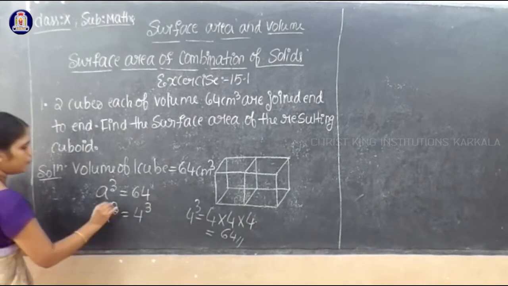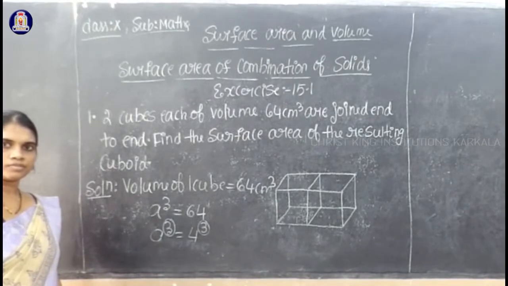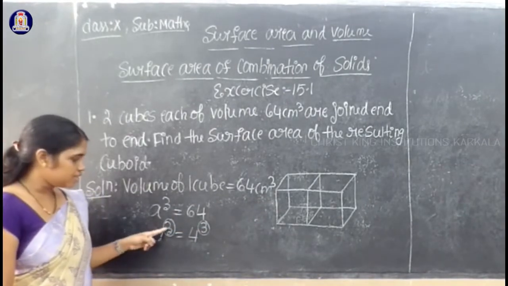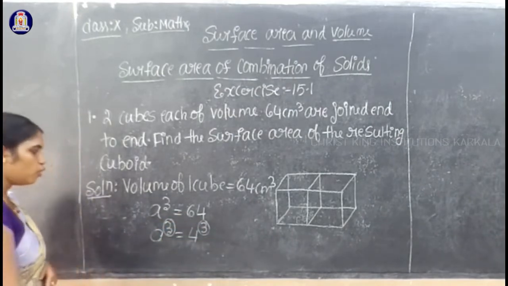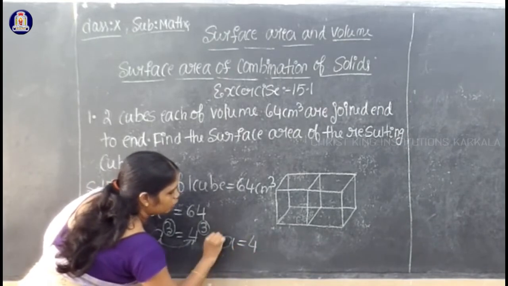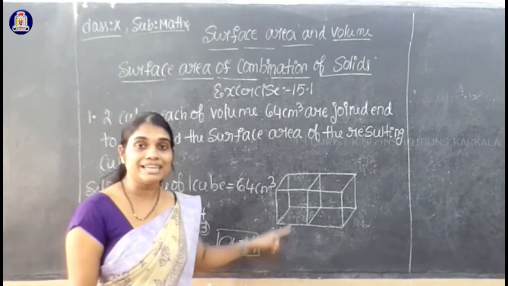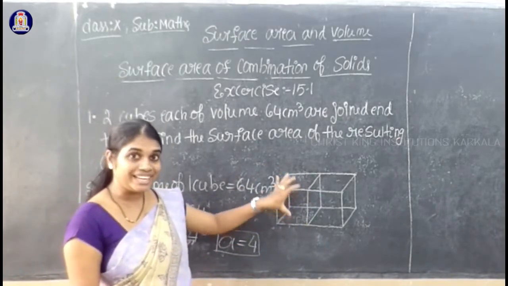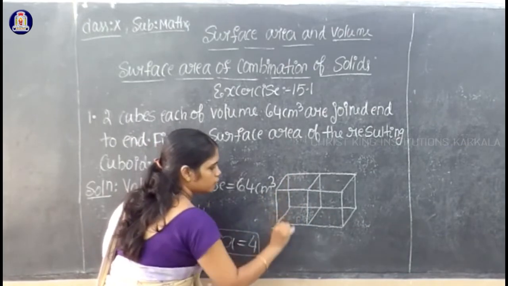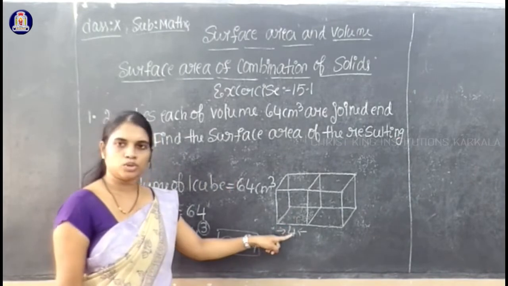Once you compare, observe here, the power values are the same, 3 and 3. So therefore the base values will be equal. That means a is equal to 4. Here a is nothing but the side length of each cube. So this is your first cube, and its side length is 4.